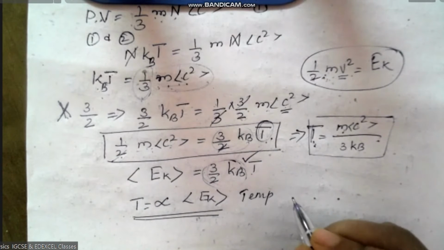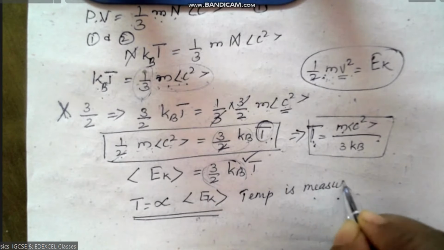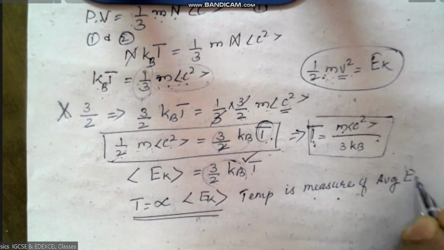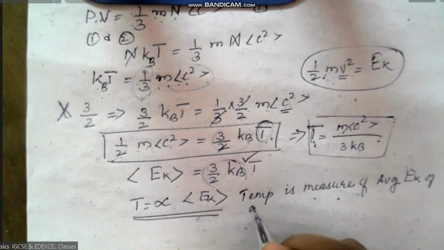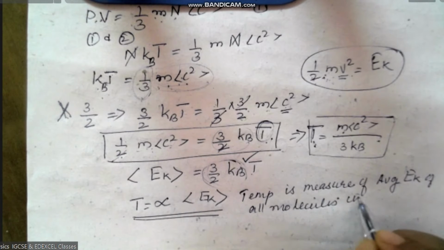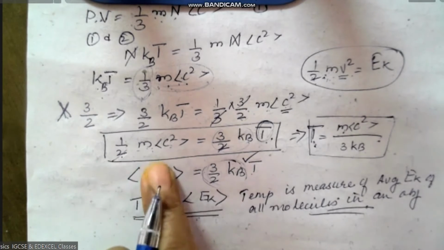So this is how you define temperature. What is the definition that I told you to remember? Temperature is a measure of the average kinetic energy of all the molecules in an object.